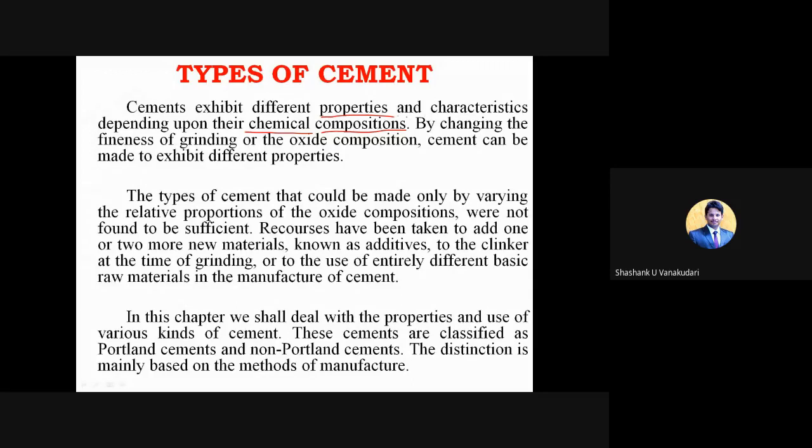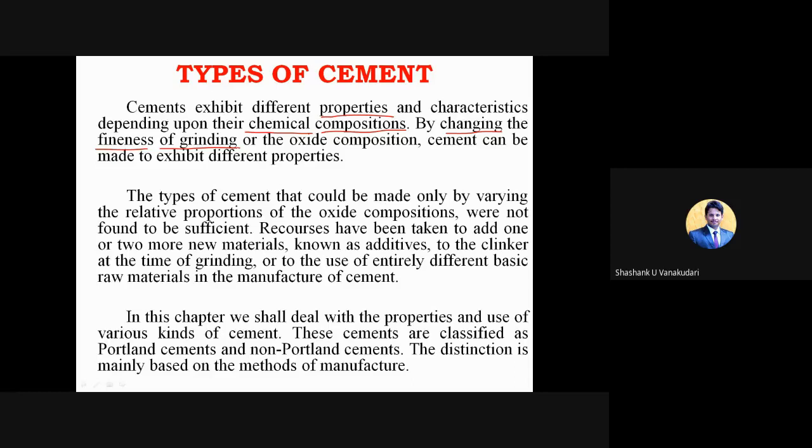By changing the fineness of grinding or the oxide compositions, cement can be made to exhibit different properties. So we can differentiate the types of cements by changing the fineness of grinding, especially at the crusher plant.